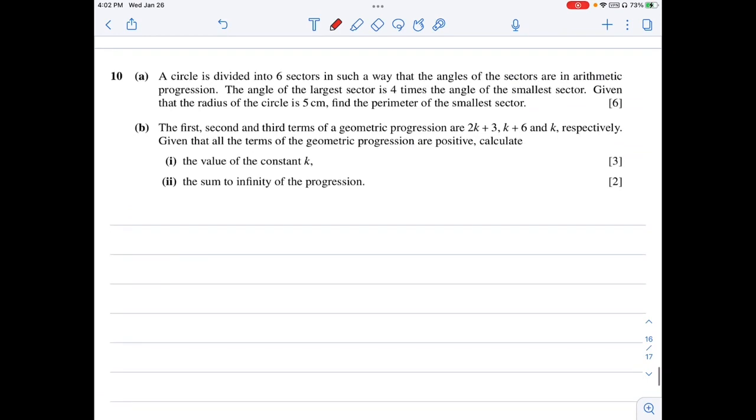10th question. A circle is divided into 6 sectors in such a way that the angles of the sectors are in arithmetic progression. The angle of the largest sector is 4 times the angle of the smallest sector. So first sector is A, second is A plus D, then A plus 2D, A plus 3D, A plus 4D and A plus 5D.